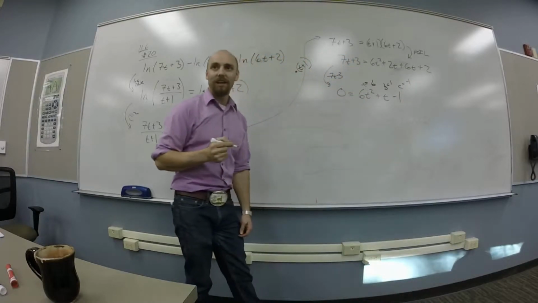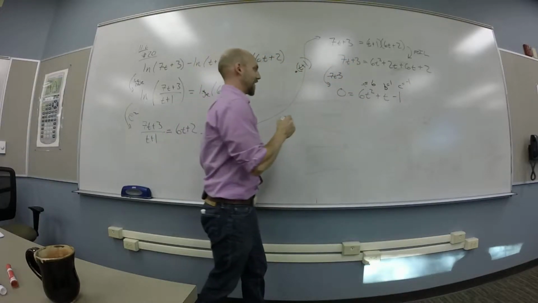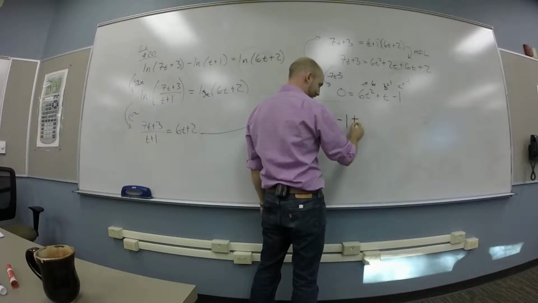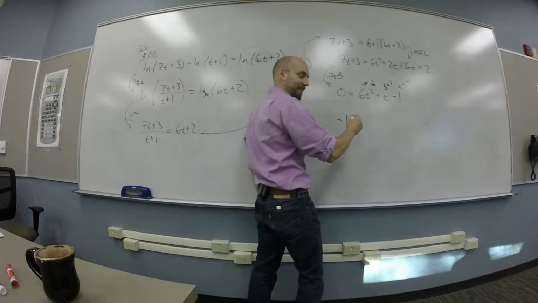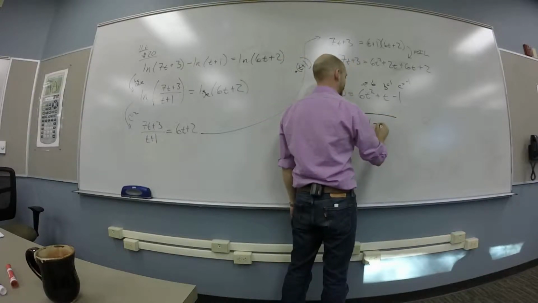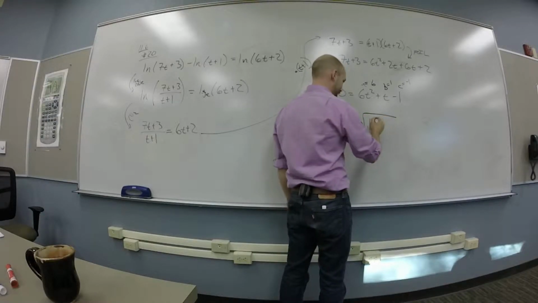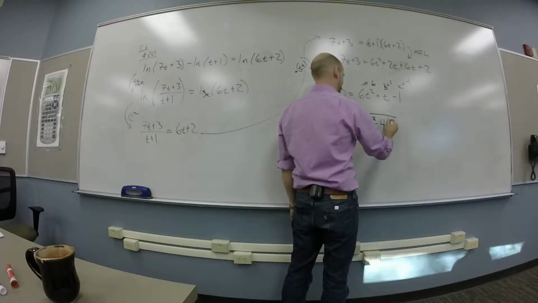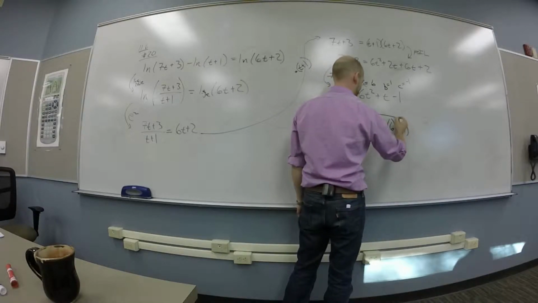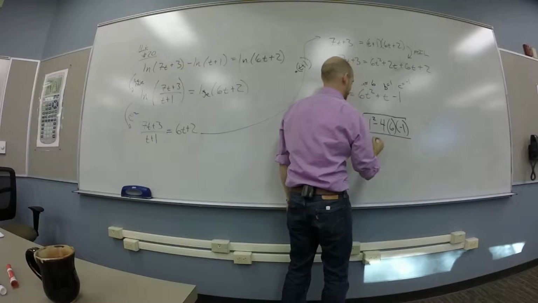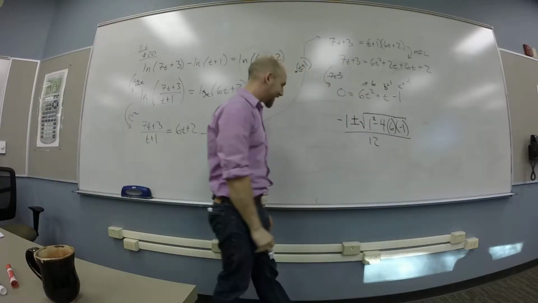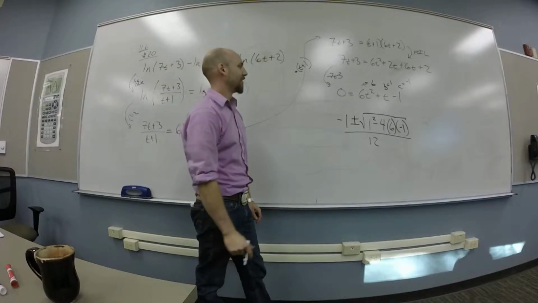Then we need negative b plus or minus the square root of 1 squared minus 4 times 6 times negative 1, over 2 times 6. And what's this supposed to be equal to? t.